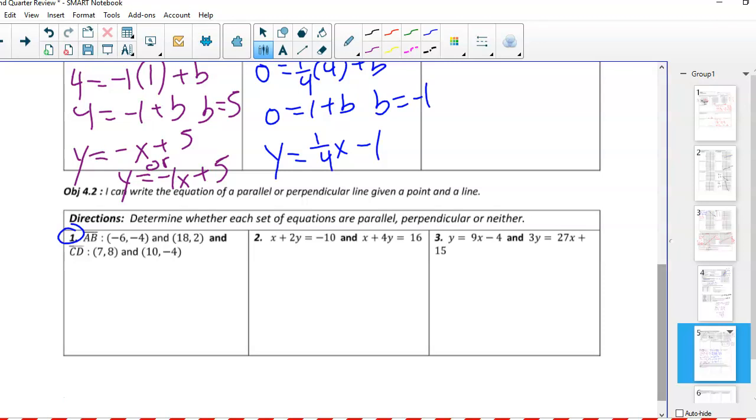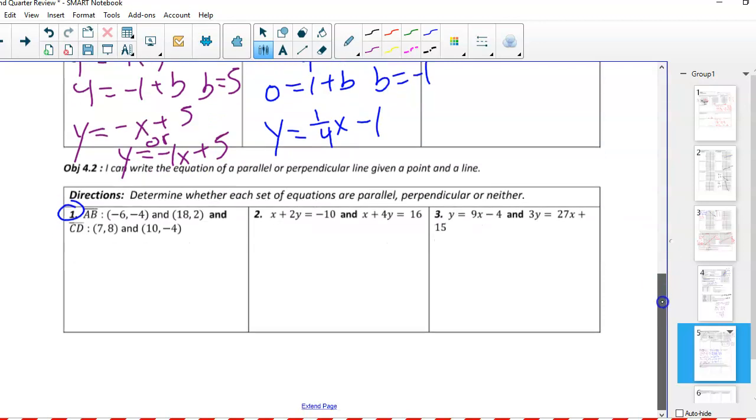What do we know about perpendicular lines? They do intersect at a 90-degree angle. What else? The y-intercepts don't matter. Negative reciprocal for the slope. Okay? So for these, you're just determining, are these parallel, perpendicular, or neither? For this one, you have to find your slope in order to determine that.